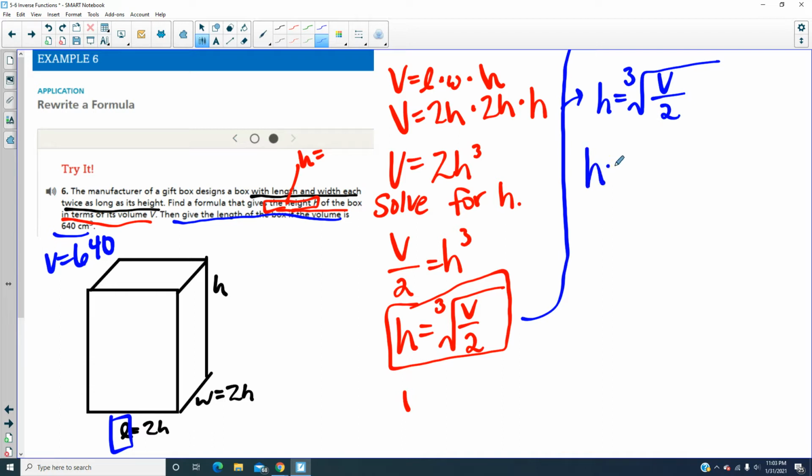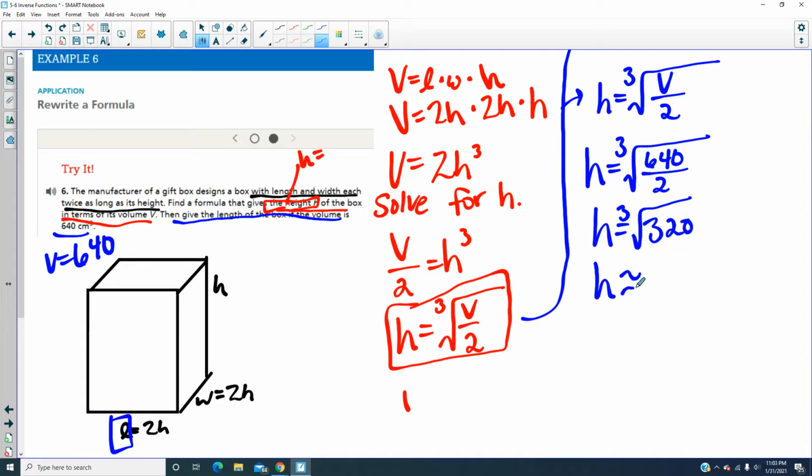So h equals the cubed root of 640 over 2. 640 is volume. 640 divided by 2 is 320. And so I think we do get to round on this one.